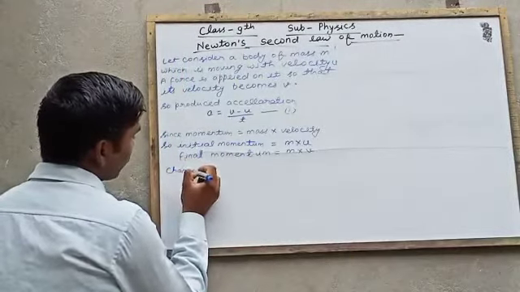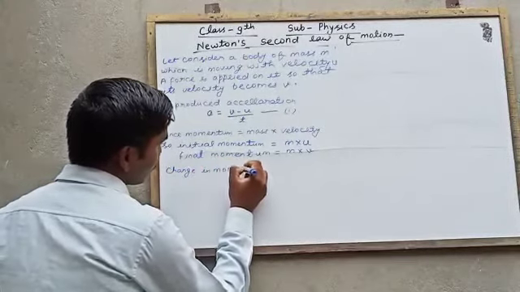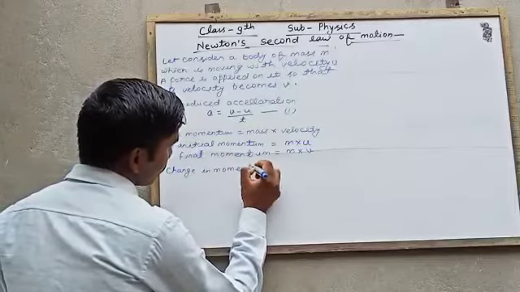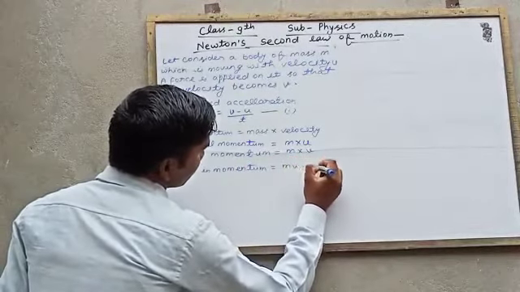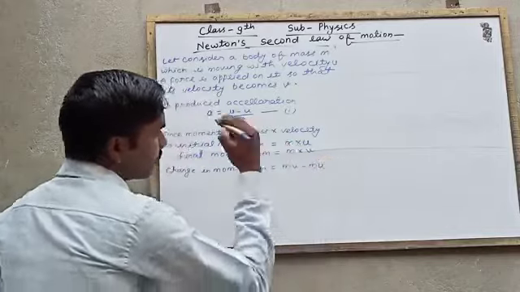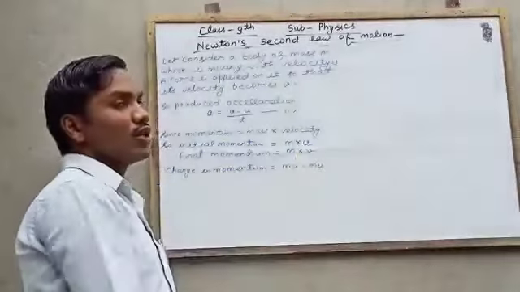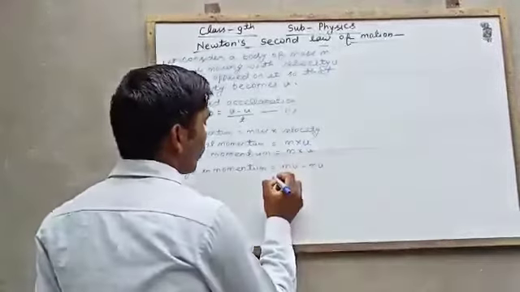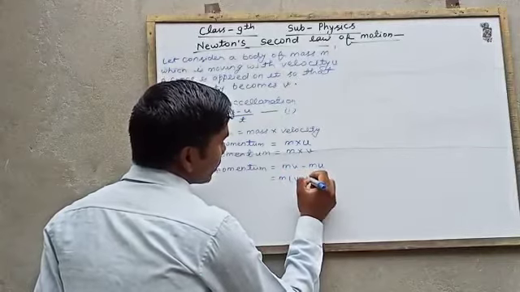Change in momentum is mv minus mu, because mv is the final momentum and mu is the initial momentum. We can take m common, so m into v minus u.